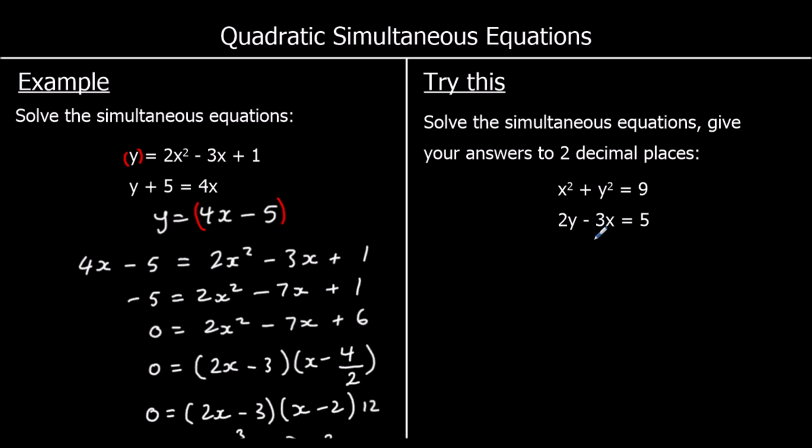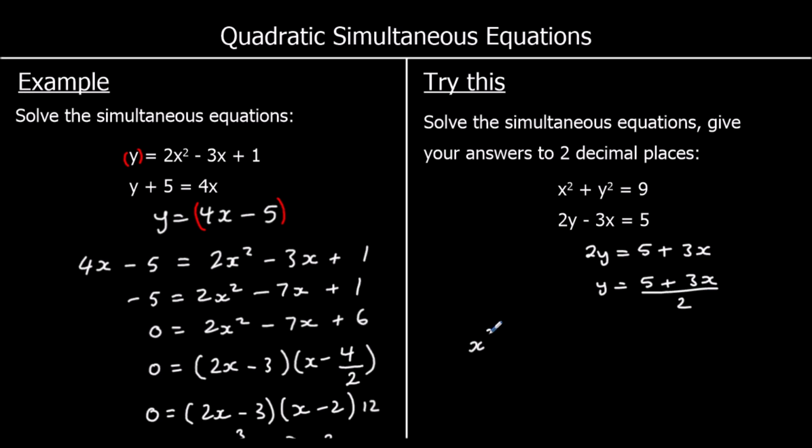So if we plus 3x to both sides, and then divide by 2, we make y the subject. So now we've got y is equal to 5 plus 3x over 2. So we can substitute that in for y in our top equation, which is a circle.